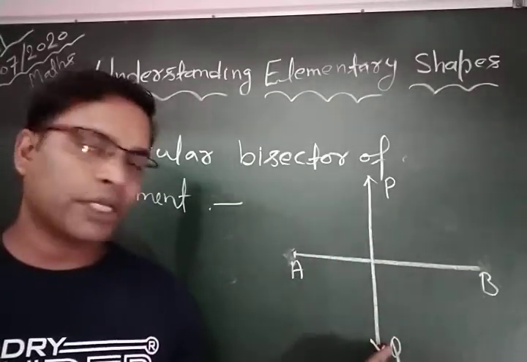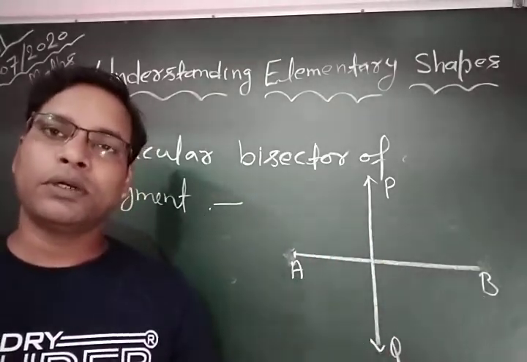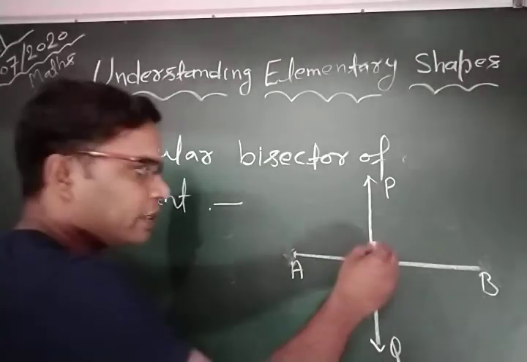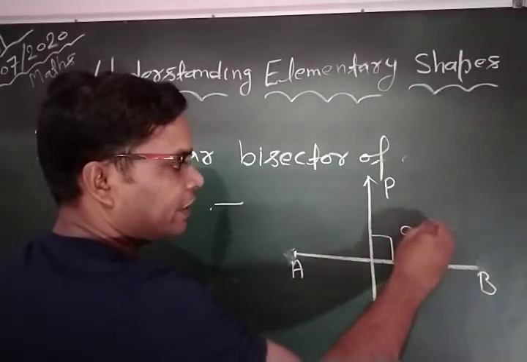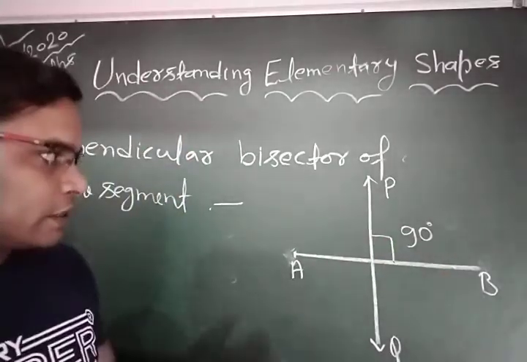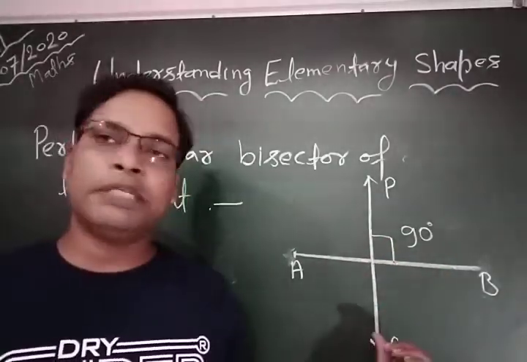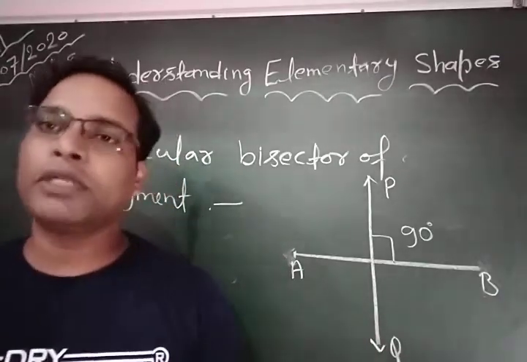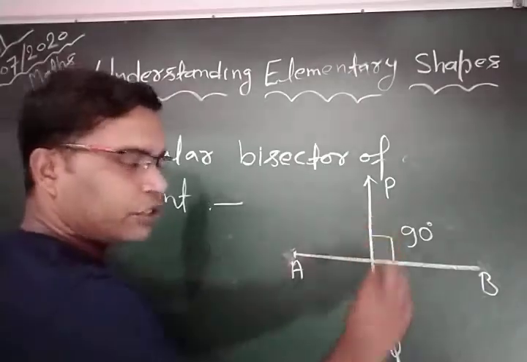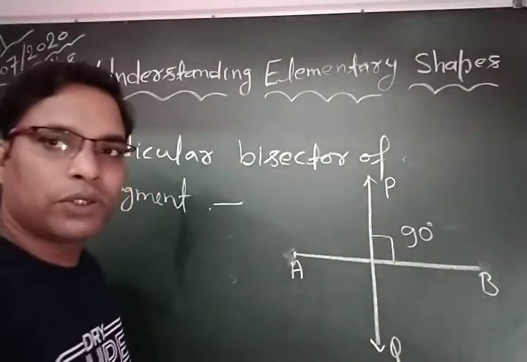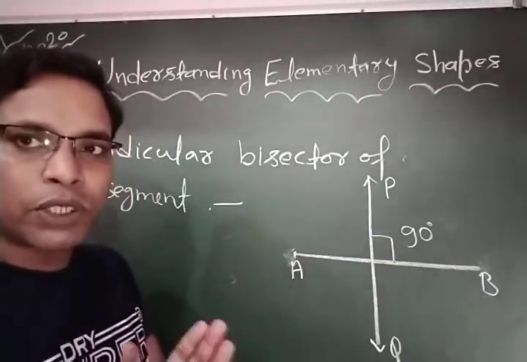Line PQ is perpendicular to AB. Perpendicular means the angle between them is a right angle, which means 90 degrees. In this way you can say PQ is perpendicular to AB or AB is perpendicular to PQ. Now PQ bisects. Bisect means PQ divides AB into equal parts.